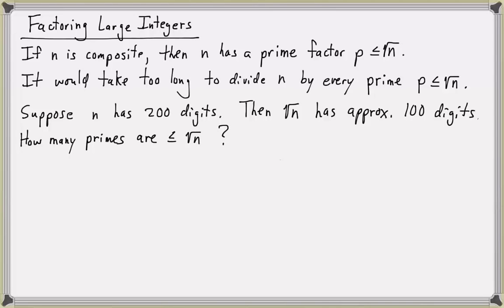One of the biggest achievements of number theory is the prime number theorem, and it involves the prime counting function, which we're going to call pi of x.